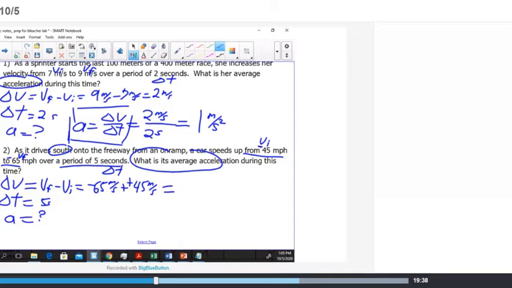Otherwise, I get myself horribly lost. It says miles per hour for the two speeds, so this should be MPH. So what's our change in velocity here? Negative 20 mph.